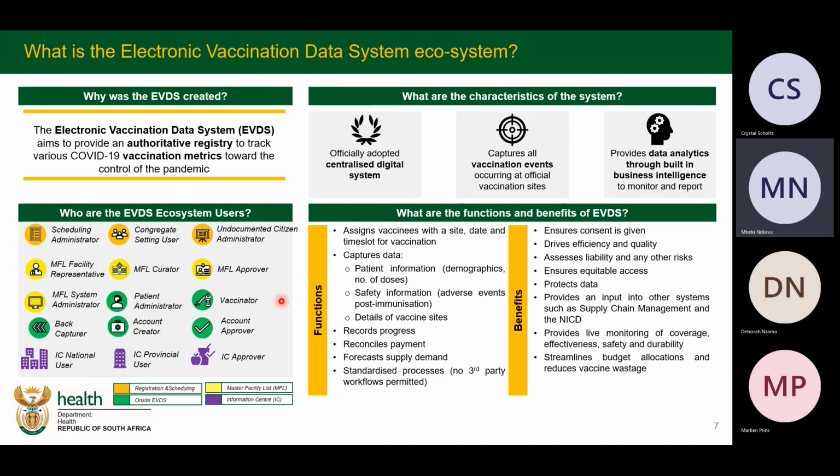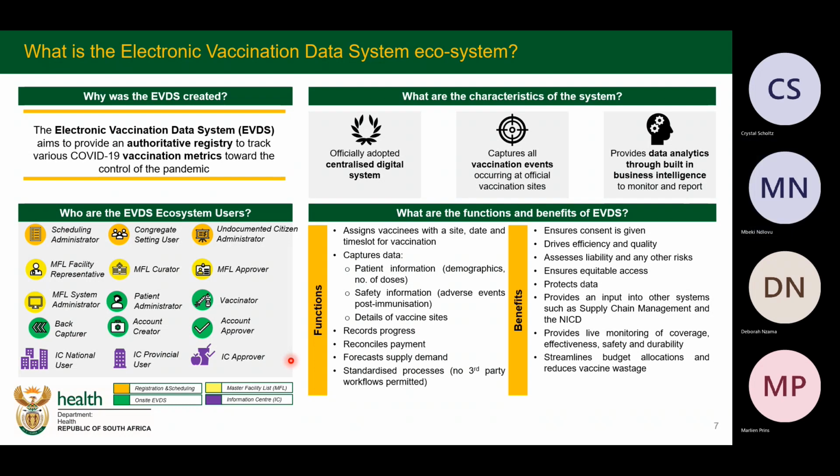This is where we find our patient administrator, our vaccinator, as well as our back capturing administrator. So this green color is of particular interest because our training specifically focuses on the green component. The fourth and final component of the EVDS is the information center, represented by the users with the purple color.